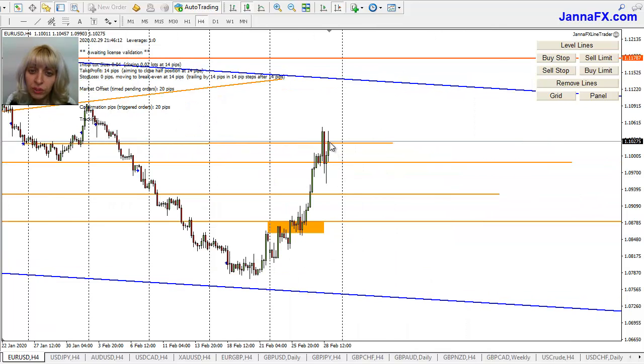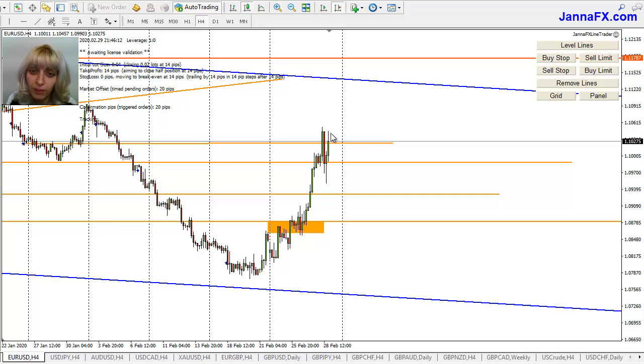I would just have to see what's going to happen: if it will come down and sit between the levels, or maybe it will jump on top and continue moving around this area, or it will go underneath this level. So that's the first area to look for. Of course, there could be gaps and jumps, it might jump up or jump down, and then I will see where it will go. But my entry points will be around those areas, levels, right?